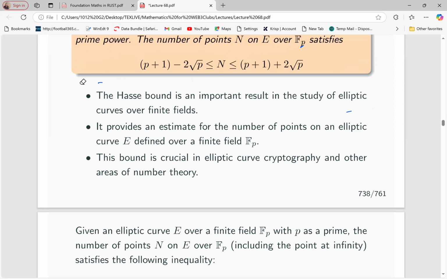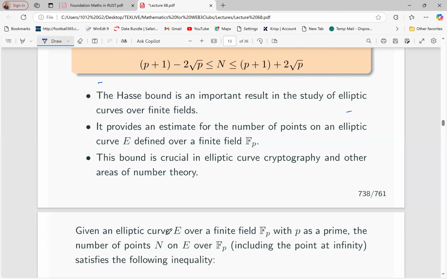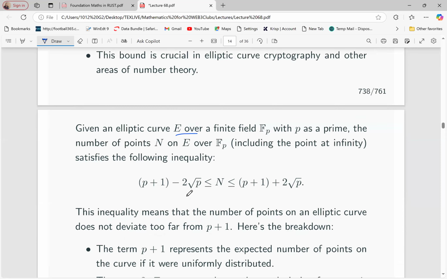So I've said, given an elliptic curve E over a field FP with P as a prime number, the number of points n on this elliptic curve, including the point at infinity, would satisfy this inequality. In other words, it will be within this range.